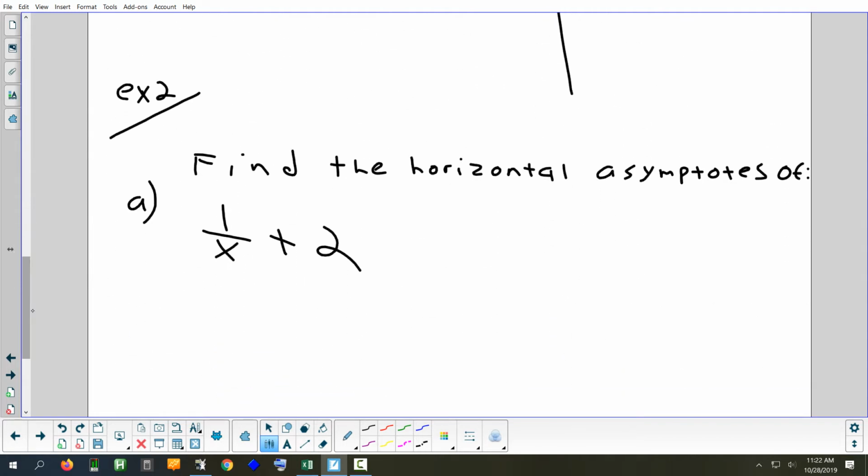So let's look at this one and let's find the horizontal asymptote. So first thing you always want to write down is the letter and then equals. When we have a horizontal line, what is the letter you put on the left side?